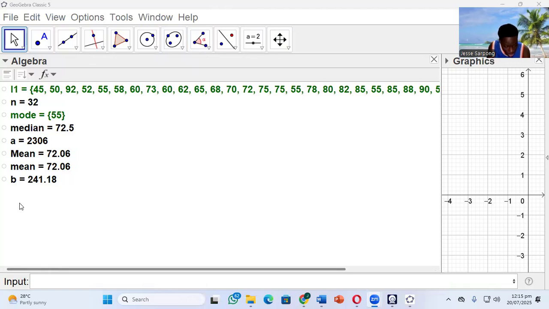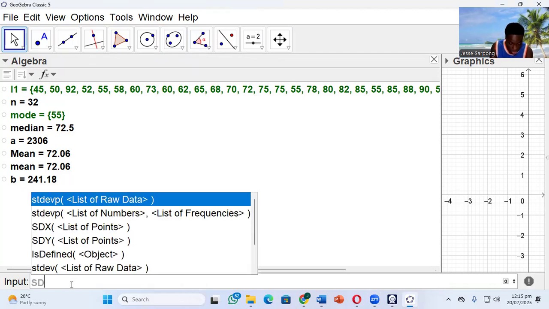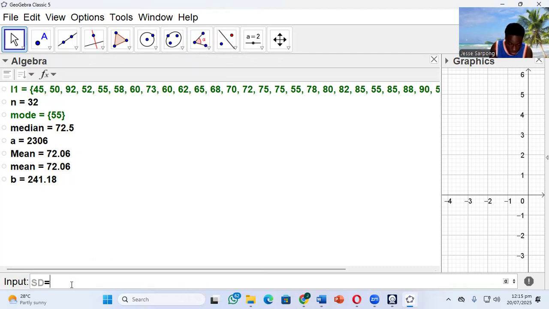So what I was saying is right now B is our variance. Now to get our standard deviation, we can do ST, which is the standard deviation, equal to the square root, SQRT.